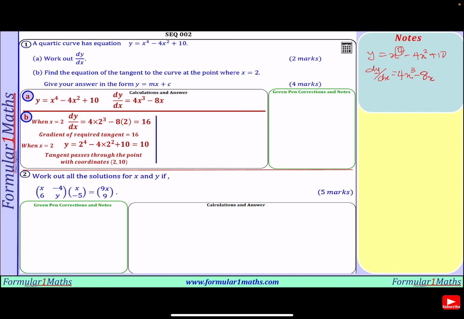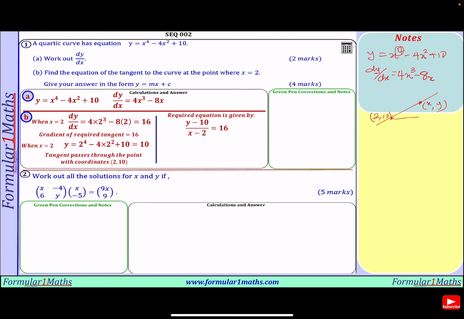So we can now go and write the equation as y minus 10 over x minus 2 is equal to 16. Because if you have, let's say the tangent is this, and you have a point here, which is x, y, and a point here, which is 2, 10.